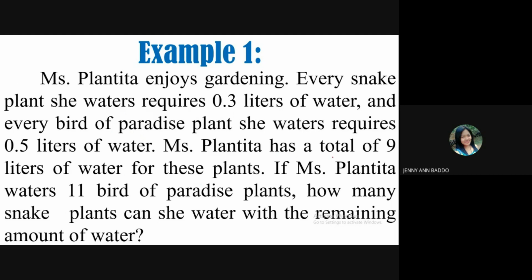And Miss Plantita has a total of 9 liters of water for these plants. So that means we have 0.3 times the number of snake plants plus 0.5 times the number of bird of paradise plants.